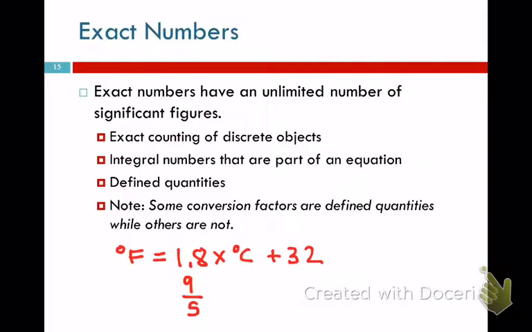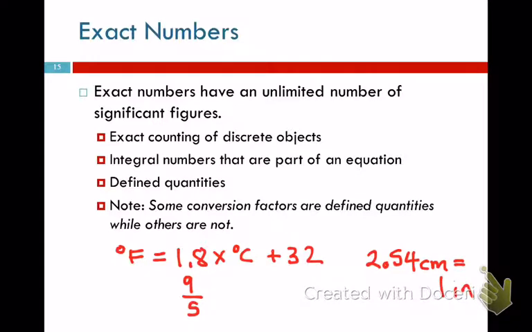Now, having said that, some conversion factors are defined quantities. How many of you know how many centimeters are in an inch? 2.54. Yeah, good. 2.54 centimeters equals 1 inch.